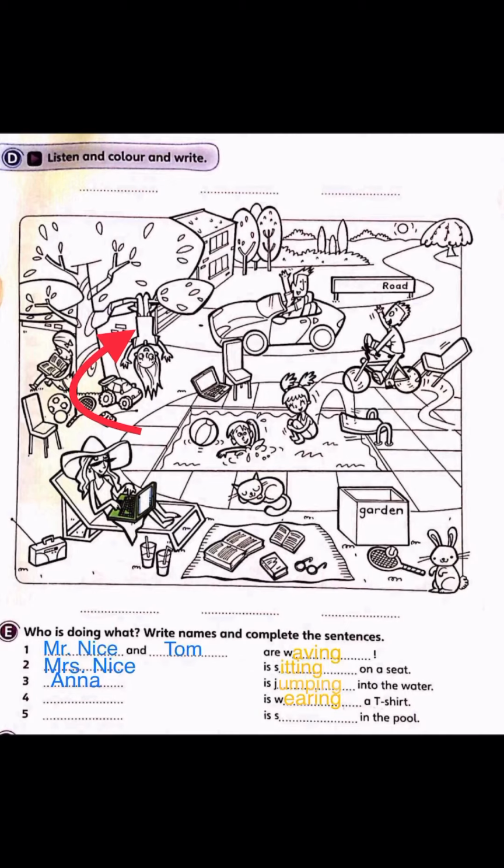So the one who's wearing a t-shirt is the girl in the tree. Her name is Eva. So we say Eva is wearing a t-shirt. Good job.